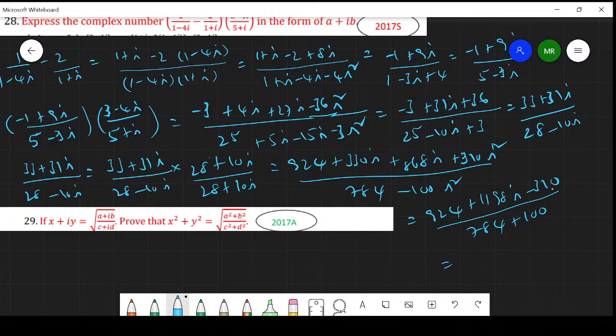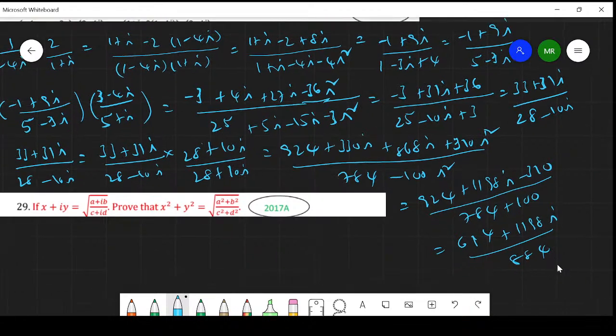So this one, 924 minus 310, you can check that, you will get 614, right? 614 plus 1198i by 884. You split that.